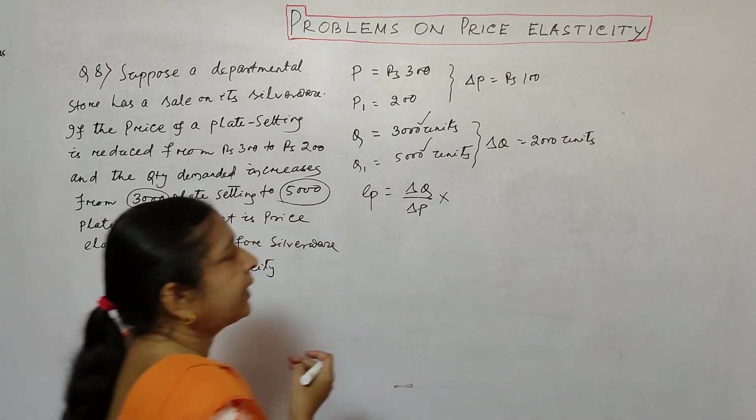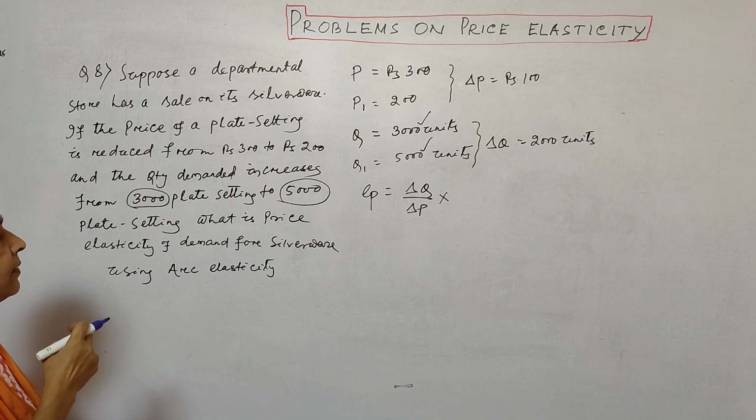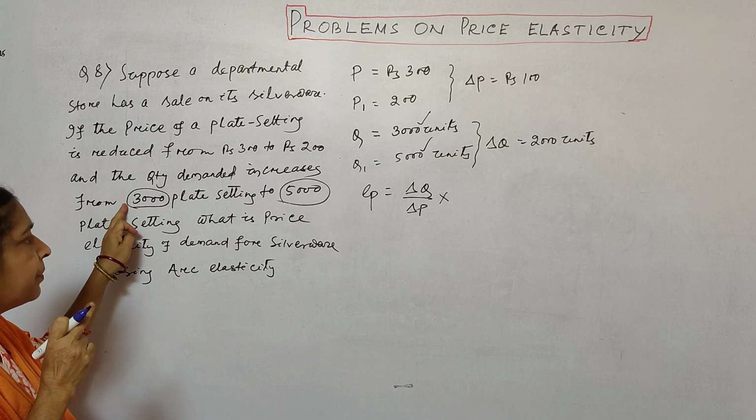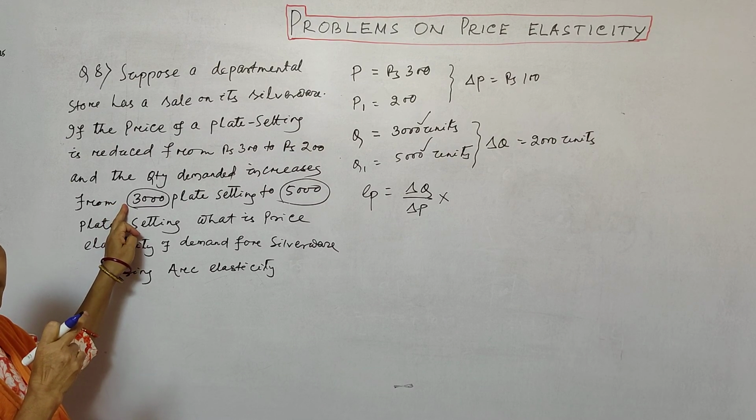In this case, we have to take the average because the range is large, 2 prices and 2 quantities.